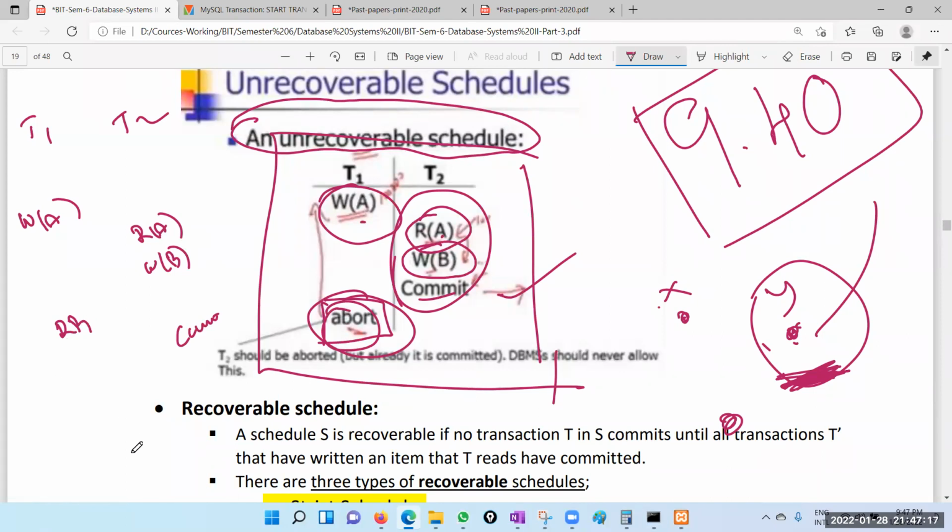Now this is recoverable because this commit is after the rollback. When this one rolls back, we have to roll back the other one also, because the value it read is wrong: this is the A that was written by the other transaction. So whenever this is rolled back, this must also be rolled back rather than committing. But it is recoverable because this is not yet committed.